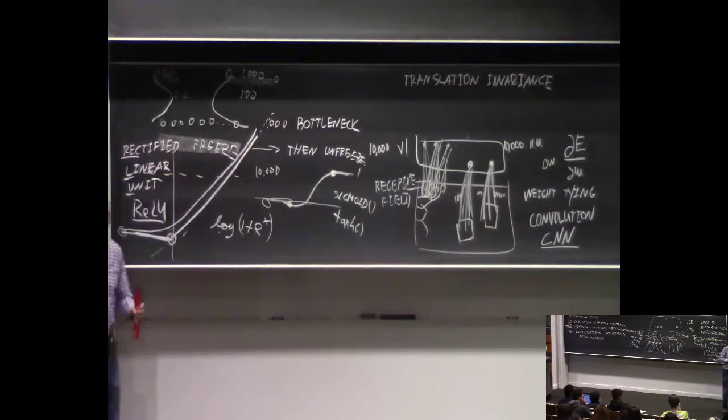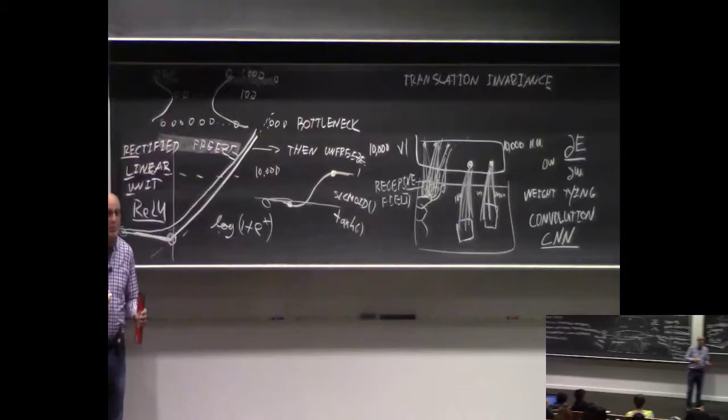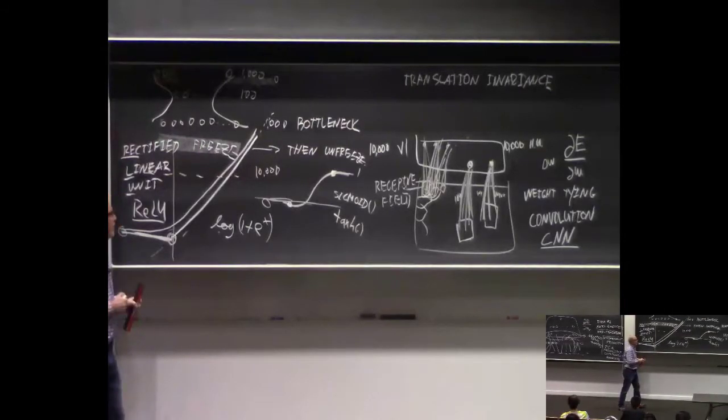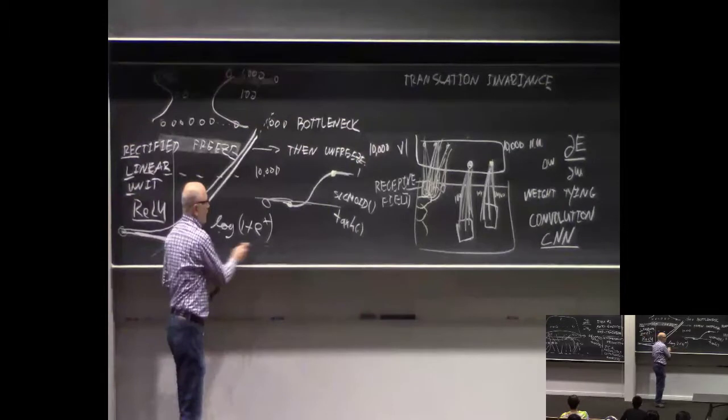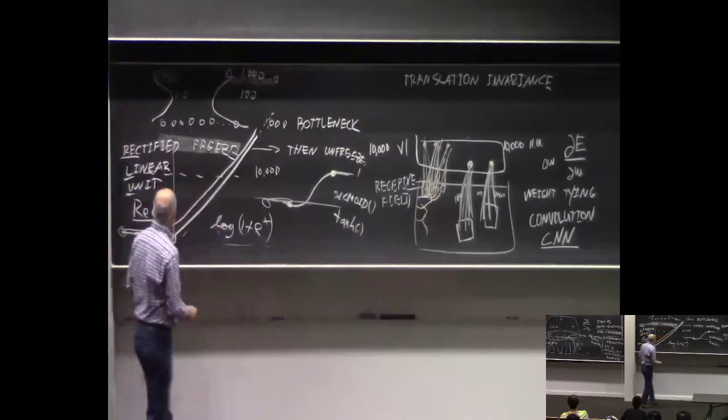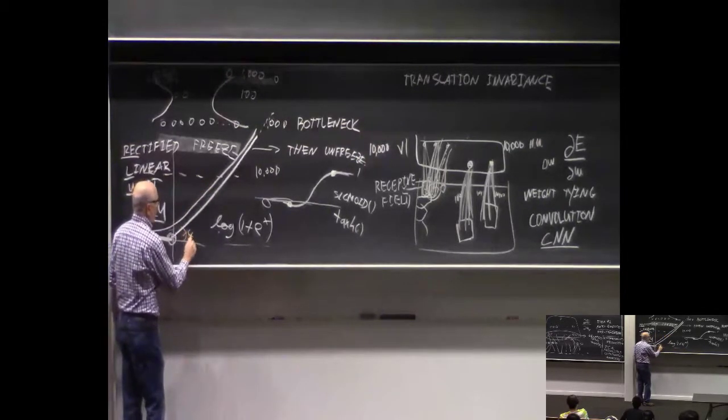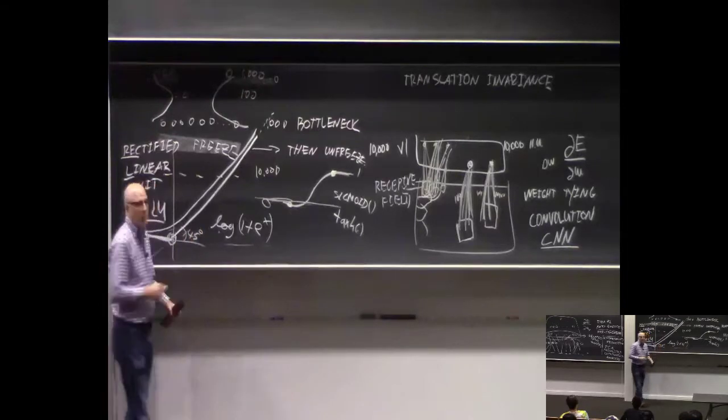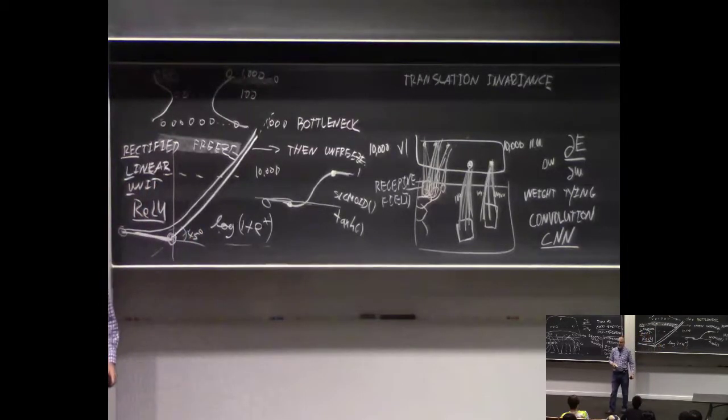The gradient doesn't vanish. What is the gradient of this function in the limit? This is a 45-degree angle here. What is the gradient here? Give me a number. 1. The gradient is 1 in the positive side of things.